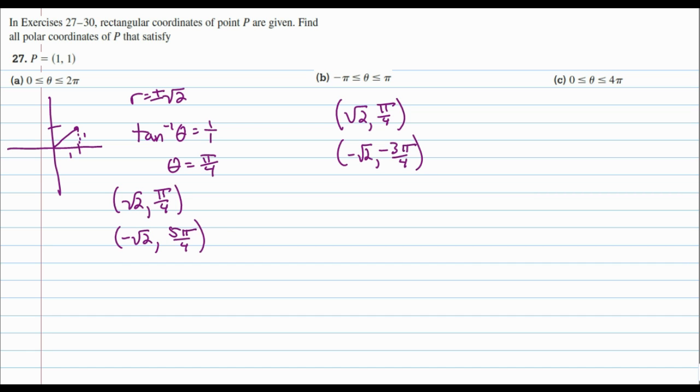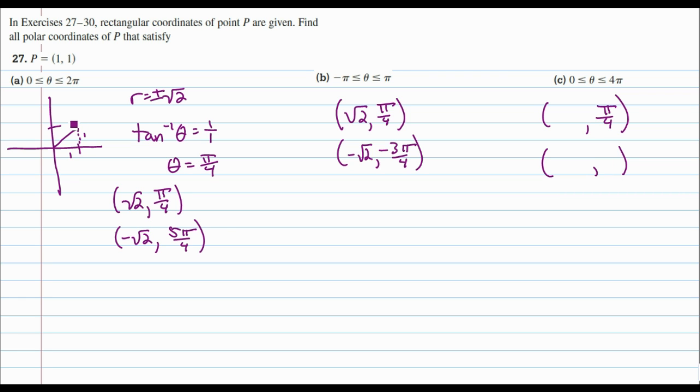Part C is asking us for all options between 0 and 4 pi for theta. So again, I'm going to use, let's see, pi over 4. And strategy-wise, I'll just keep going around the coordinate plane, labeling all of the thetas that I can use and finding out what r values need to go with those.